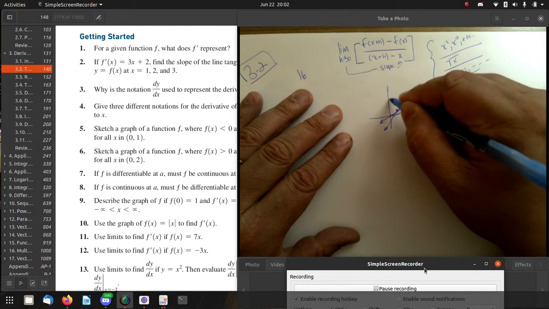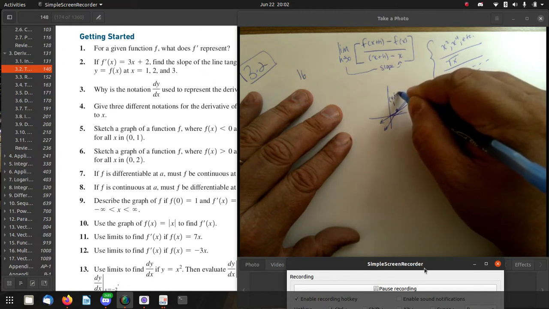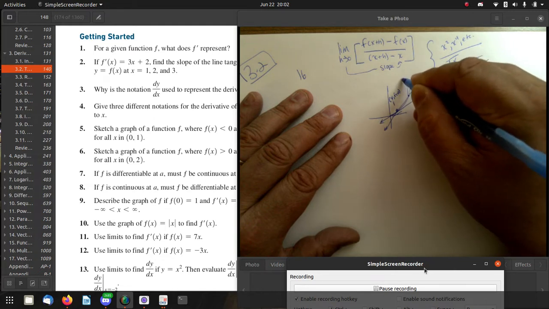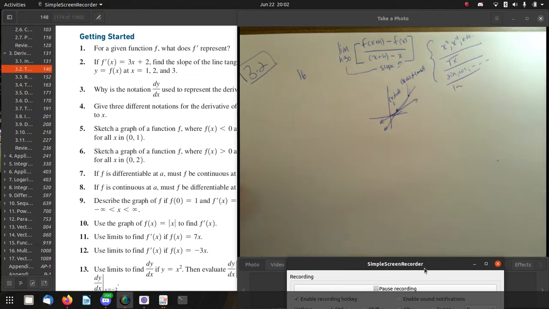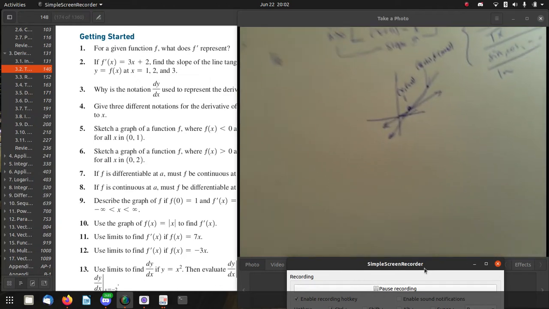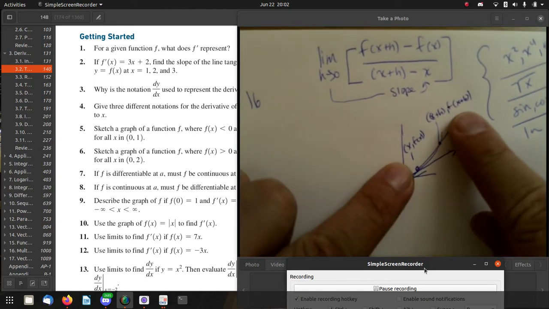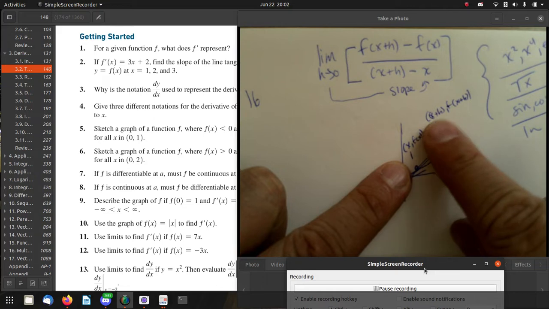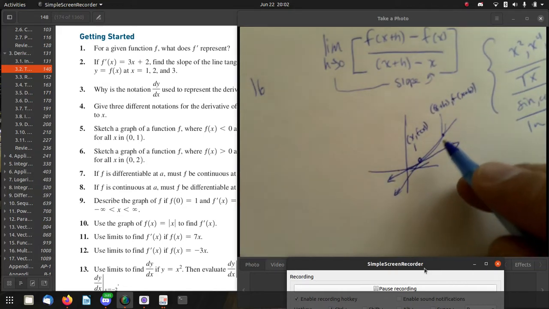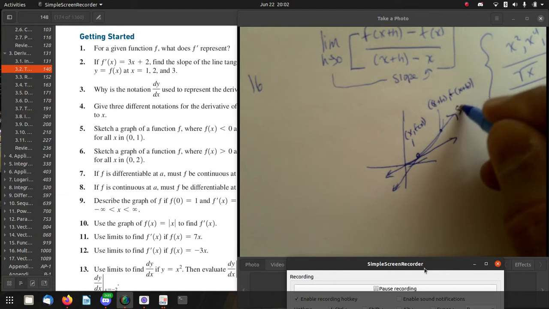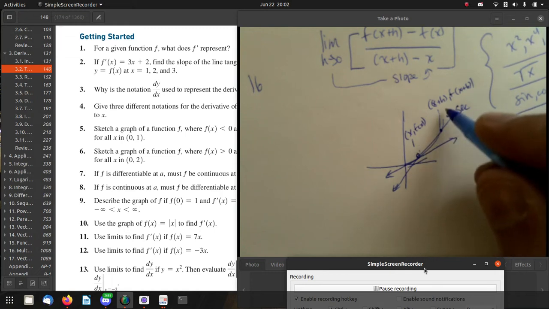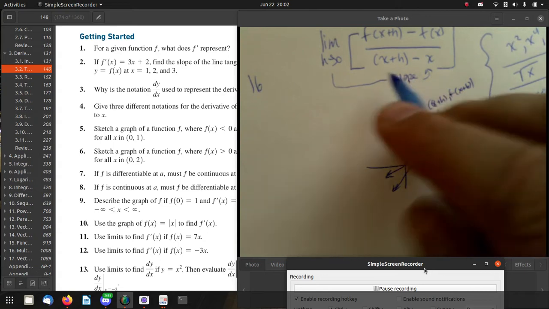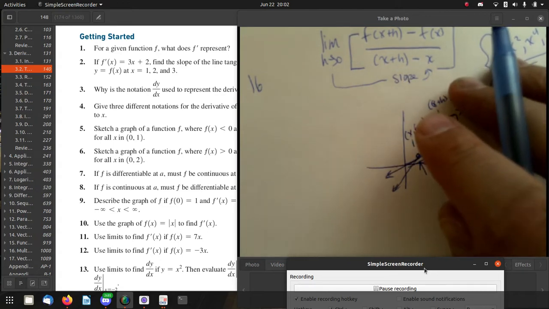So using an arbitrary set of points x and f of x, and x plus h and f of x plus h, we just do y sub 2 minus y sub 1 over x sub 2 minus x sub 1, and we get this. The line created by those 2 points would be the cutting line, or the secant, and it gives us the slope at this instant as the output, evaluated at a point.